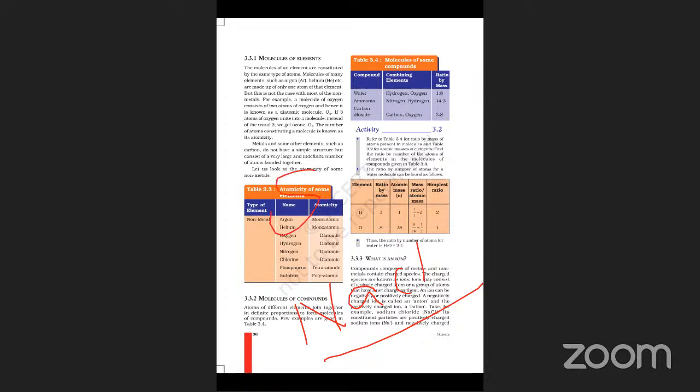If I'm talking about this SO4 2 minus, this is what we call sulfate ion. So it's a group of atoms, right, with the charge 2 minus. So ion may consist of single charged atom or a group of atoms that have a net charge on them. It is very important to have the net charge.